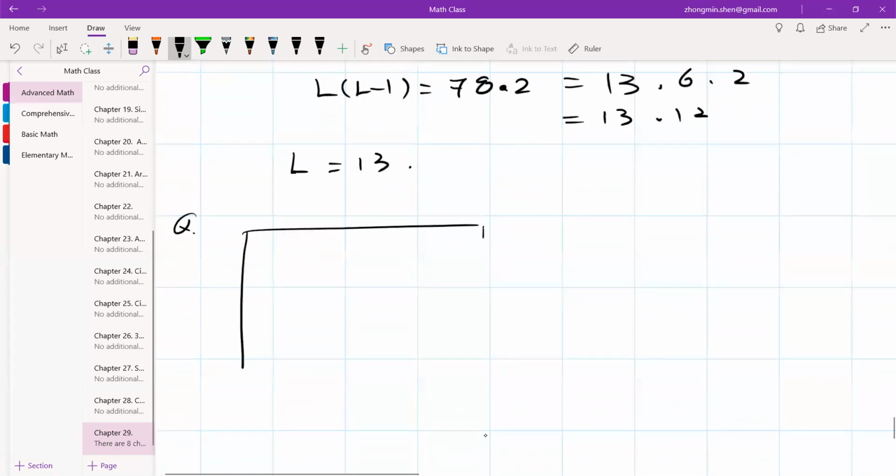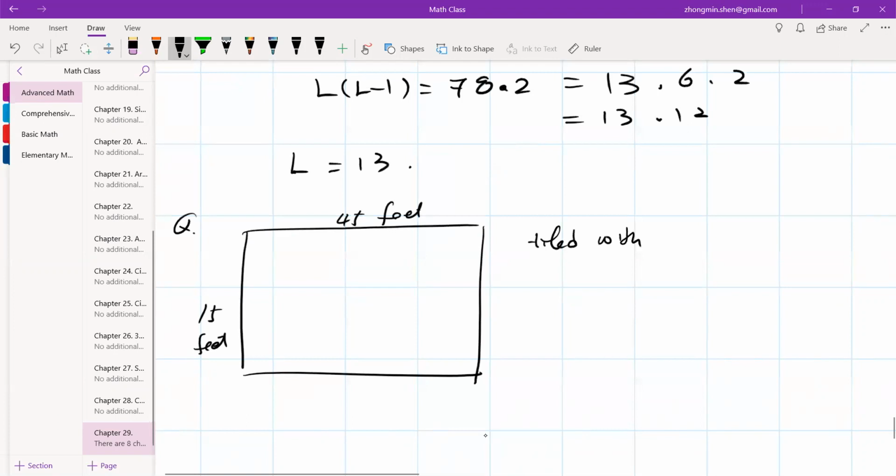So this is 15 feet, here's 45 feet, and it's going to be tiled with 1 by 1 square tiles.